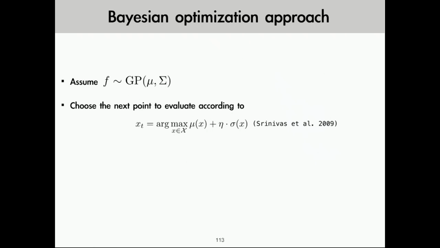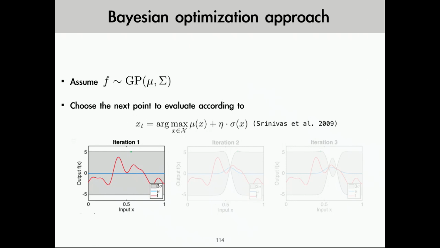of the objective function. If we do this, the red here is the target function that we want to optimize. The blue is our estimate of the mean value for this function. And the gray area represents the uncertainty about this function. All of these are flat at the moment because we have no information about this target function, right?